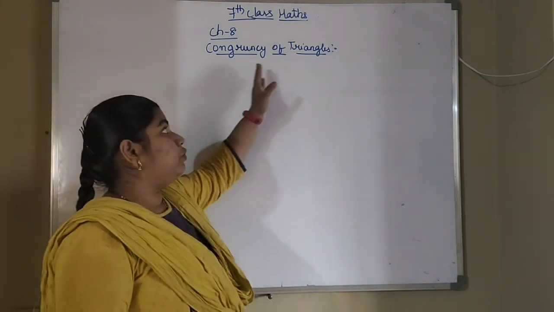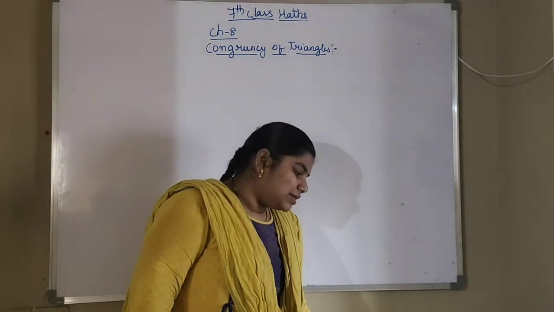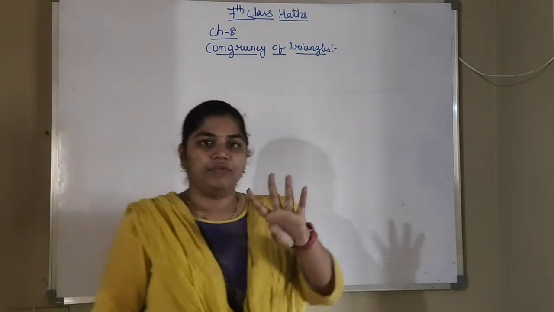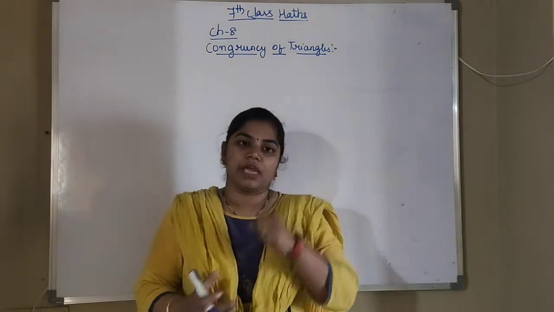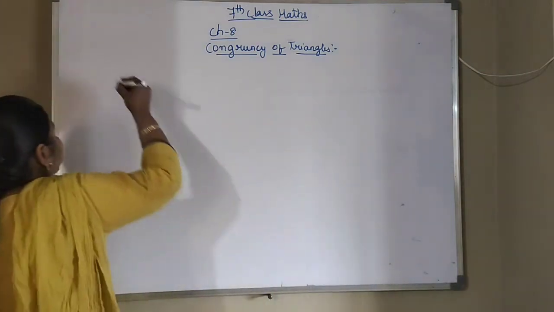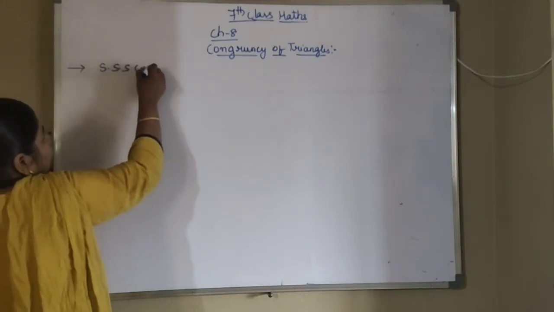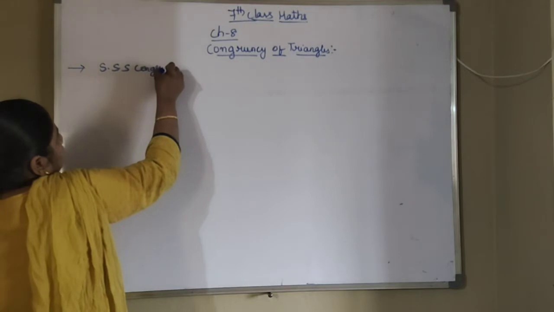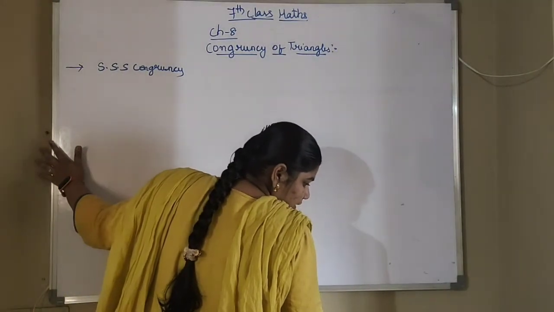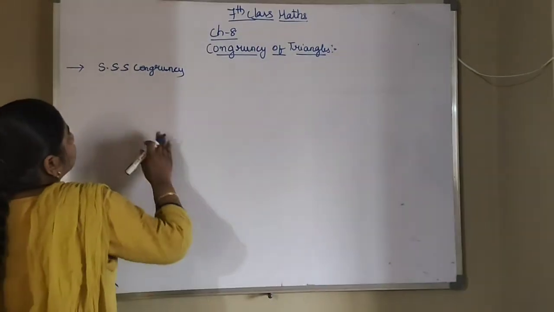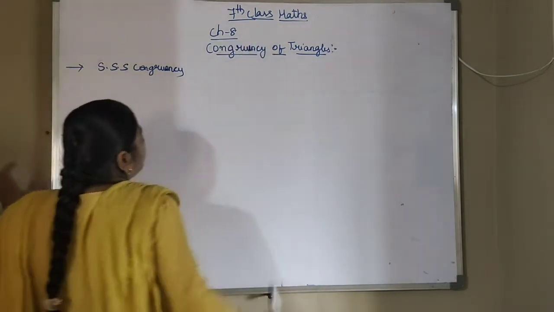Now we are talking about congruency of triangles. For showing triangles as congruent to each other, we have 4 types. The first one is SSS congruency, side side side.